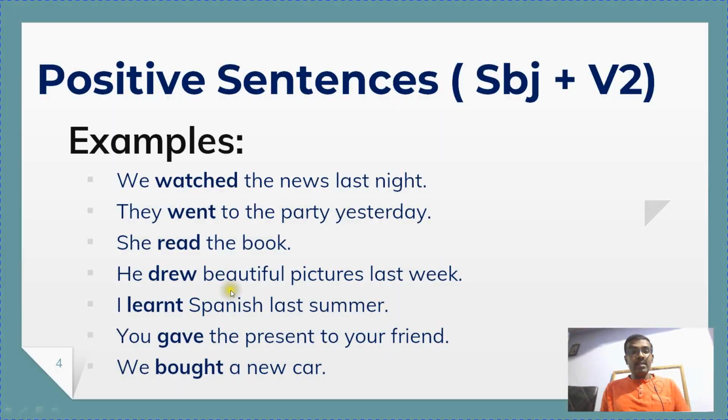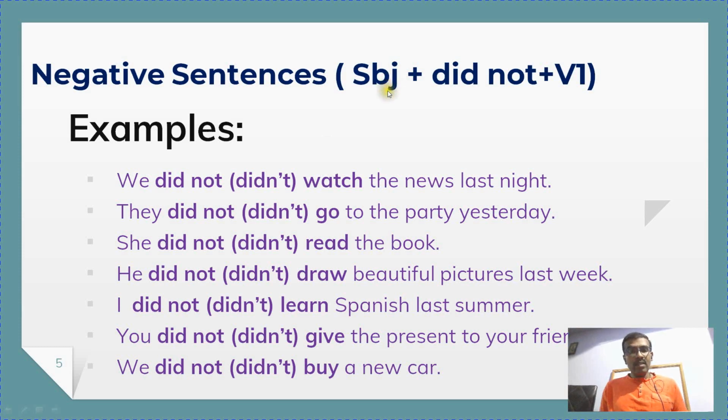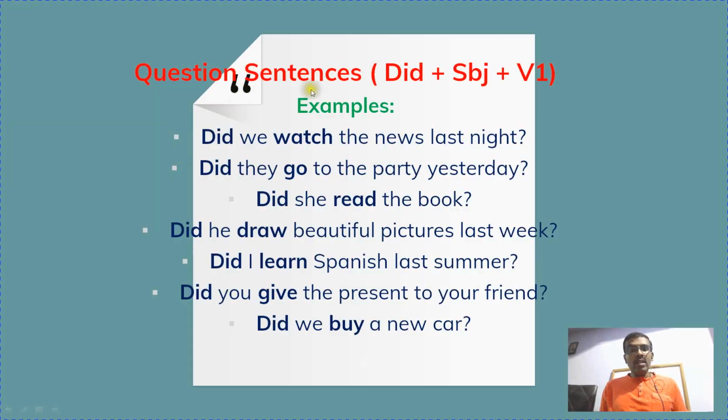Let us see it in detail. Positive form: subject plus V2 form. Second verb, go, went. Examples: we watched the news last night. Next, a negative form starts with the subject plus didn't, the auxiliary verb, plus V1. We didn't watch the news last night. And the interrogative format starts with did plus subject plus V1. Did we watch the news last night?